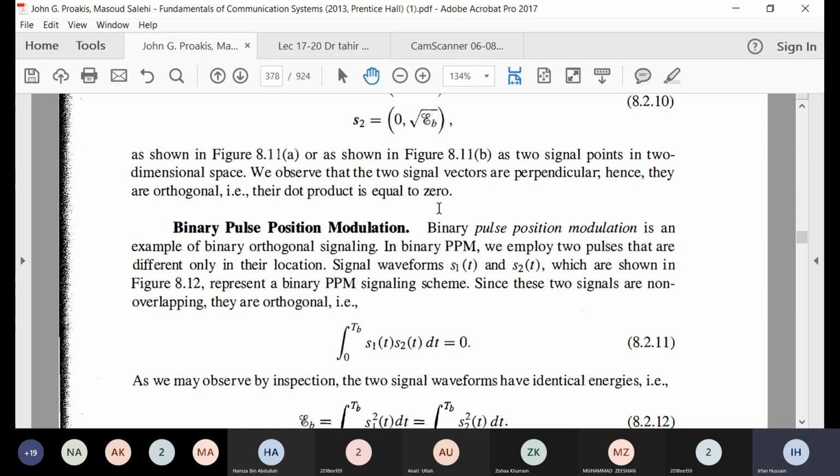Now, based on this orthogonal scheme, we will have binary pulse position modulation, which is an example of this orthogonal scheme. So in this scheme again we have two pulses, but those pulses differ only in their locations.